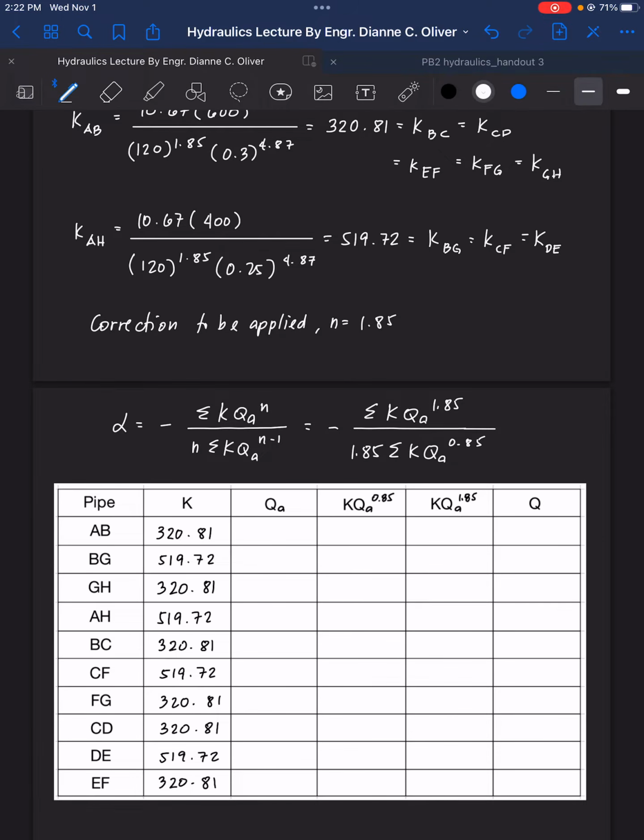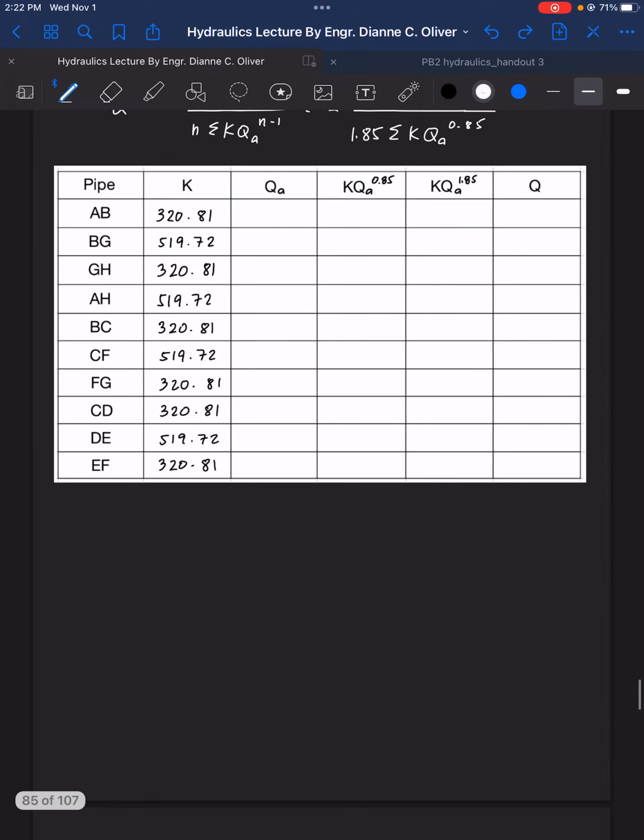Now, next, from this formula, we need to have the assumed value. So we will put here the assumed value. How do we do that? How do we put the assumed value? It's in here, QA.